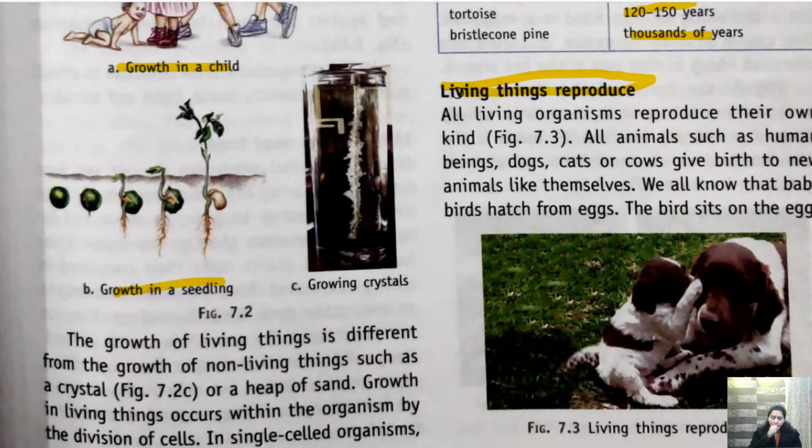Getting my point? Okay. So all living organisms reproduce their own kind. They can reproduce. दोबारा प्रोड्यूस कर सकते हैं अपनी जैसी कोई चीज. Okay. So all animals such as human being, dog, cat, cow give birth to new animals like themselves.